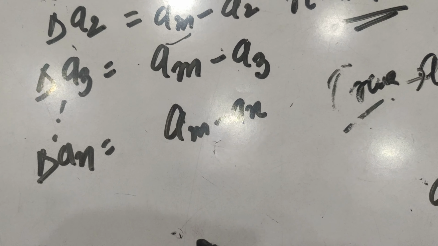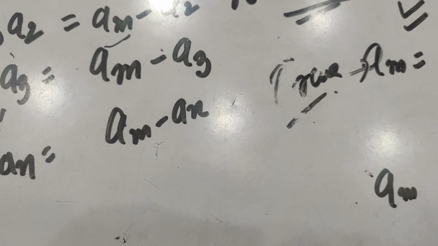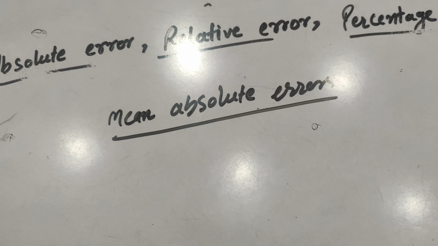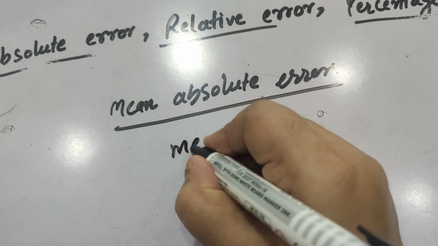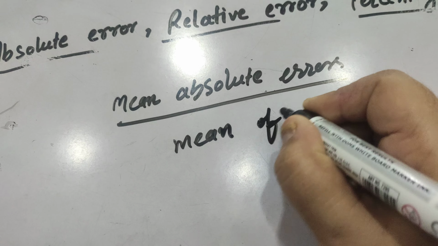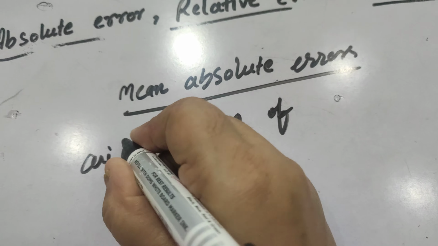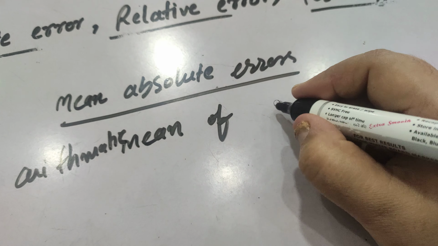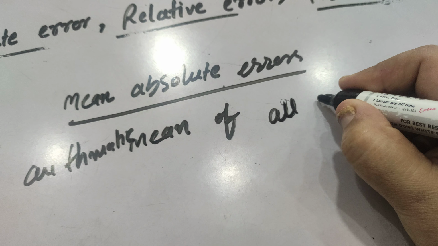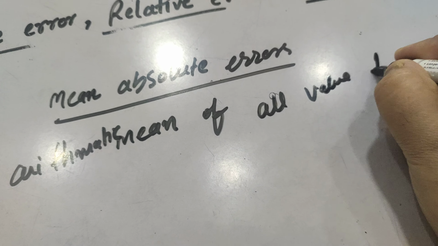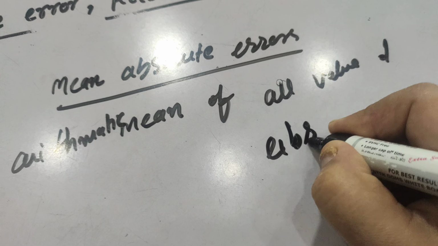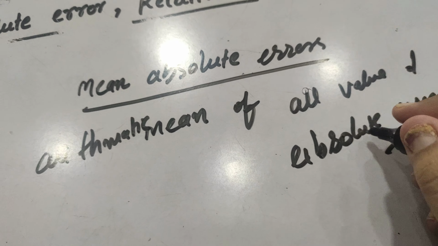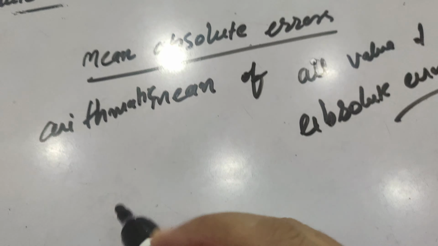Next, we can calculate the mean absolute error. The mean absolute error is defined as the arithmetic mean of all values of absolute errors. If we take the mean of absolute errors, then that is called mean absolute error.